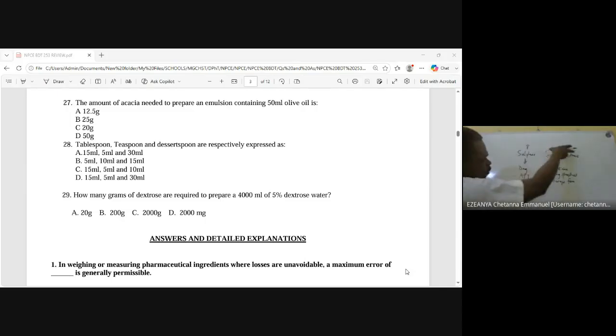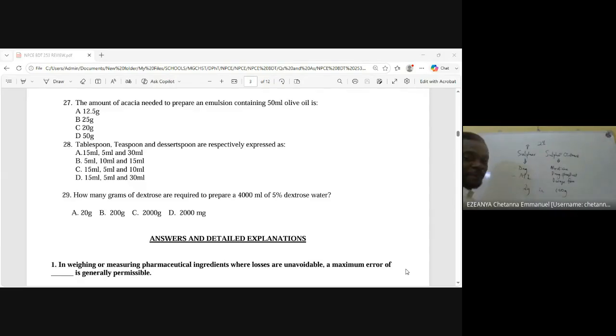So this sulfur ointment contains this sulfur inside. Without this sulfur, it cannot get its name, sulfur ointment. So the active ingredient there is sulfur. Now, we are told that the concentration of this sulfur inside this sulfur ointment is 2%. And this 2% means 2 grams of sulfur in 100 grams of this sulfur ointment.